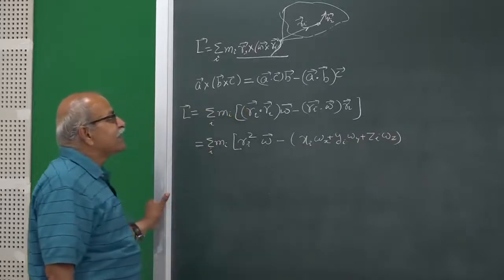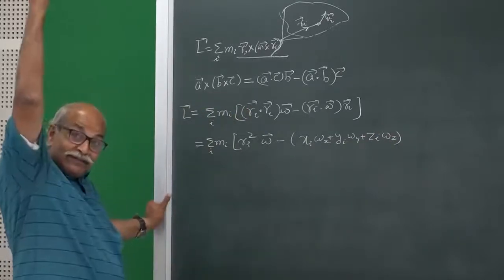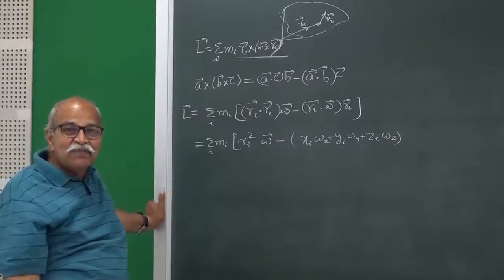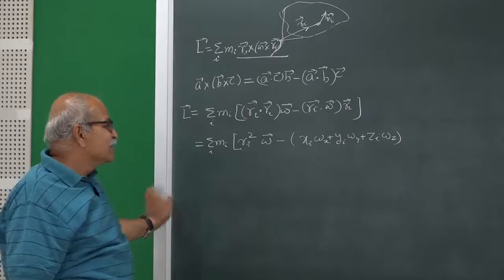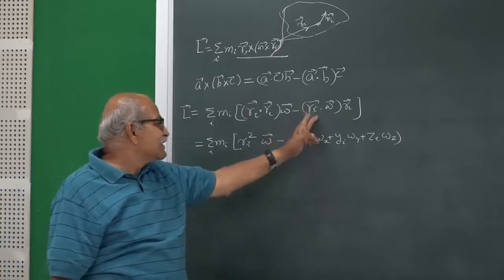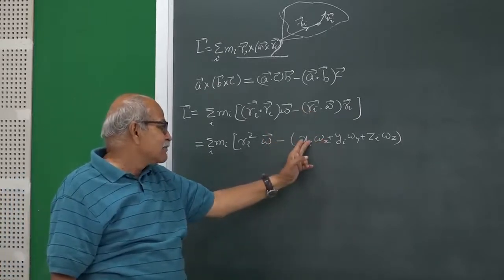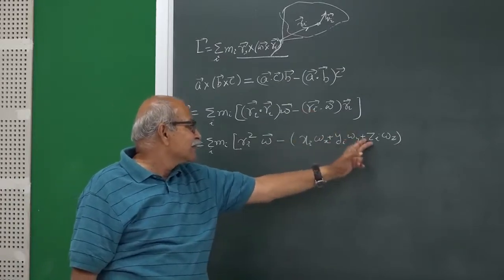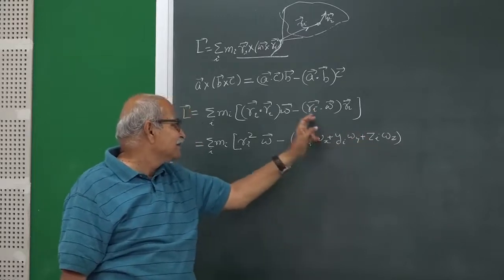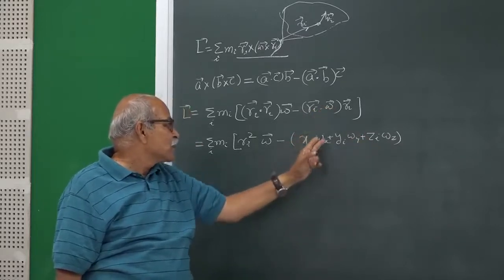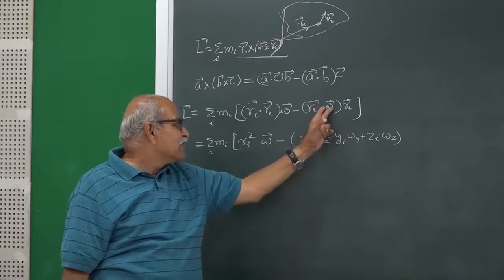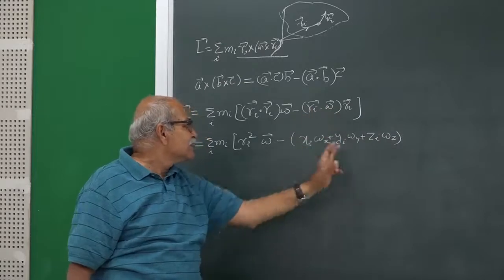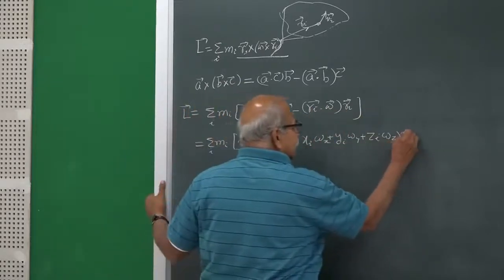I am not taking the z axis along that omega, so omega will have components in x, y, z direction. So, I am writing r_i as x_i i cap plus y_i j cap plus z_i k cap, and omega as omega_x i cap plus omega_y j cap plus omega_z k cap, and then taking the dot product.